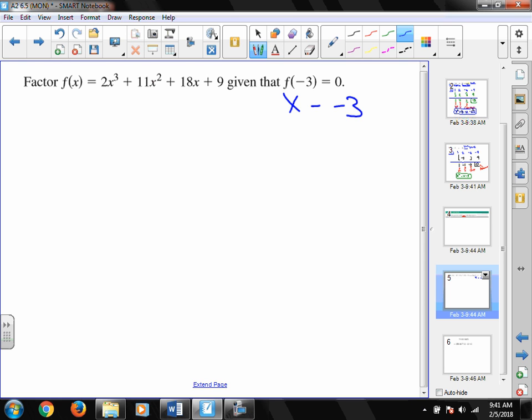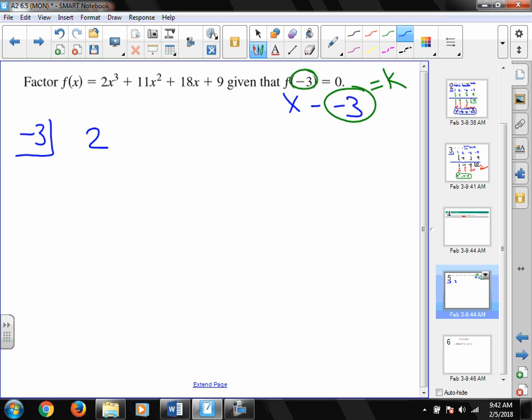So our k value is going to be what? -3 is our k value, and you can get that right from inside those parentheses. So now that we know what our k value is, we're going to put -3 inside the box.